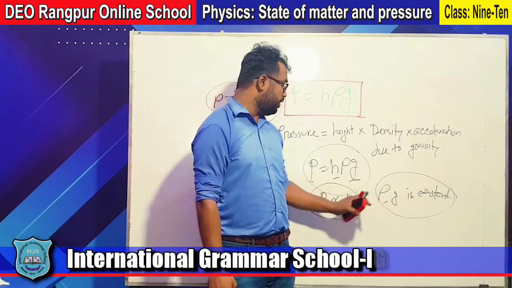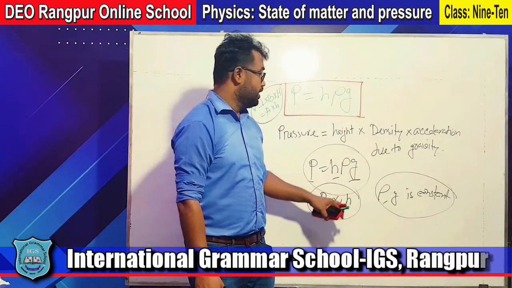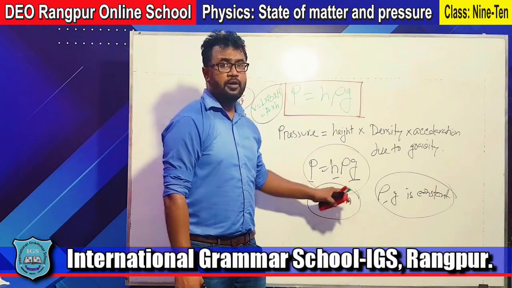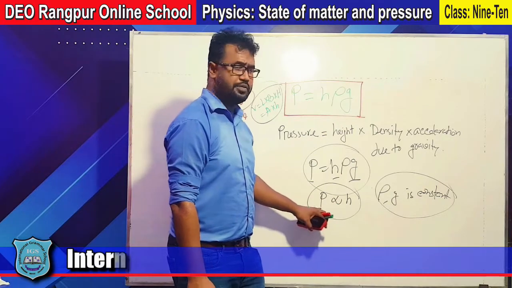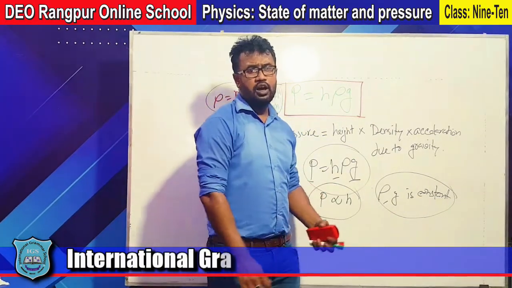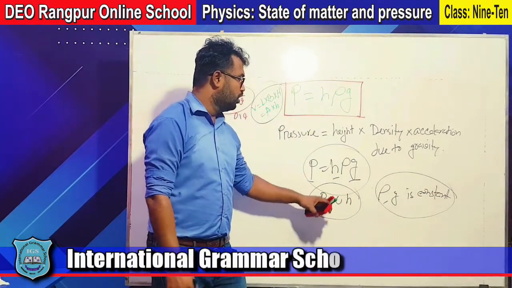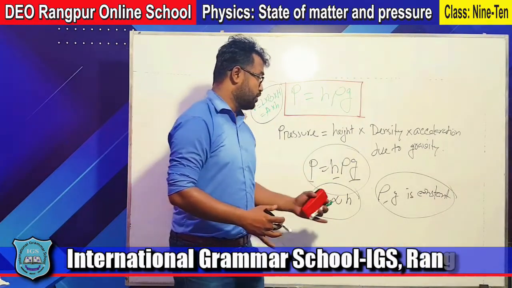If the height is increased, the pressure will be increased. If the height is decreased, the pressure will be decreased. That is the most important thing. Sometimes you can get this type of question in your exam paper.